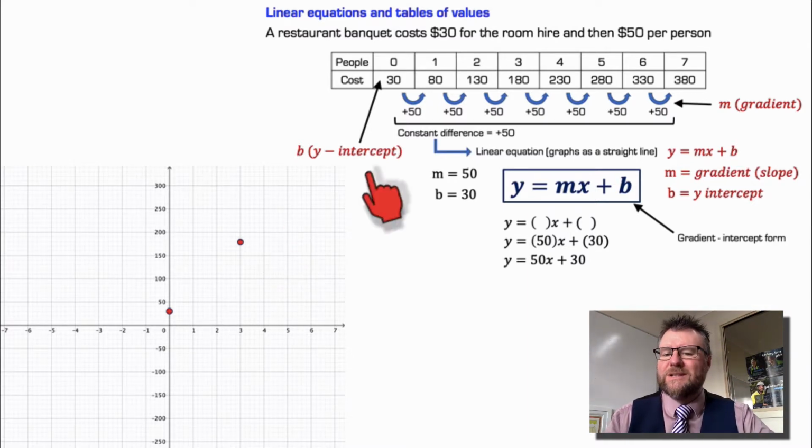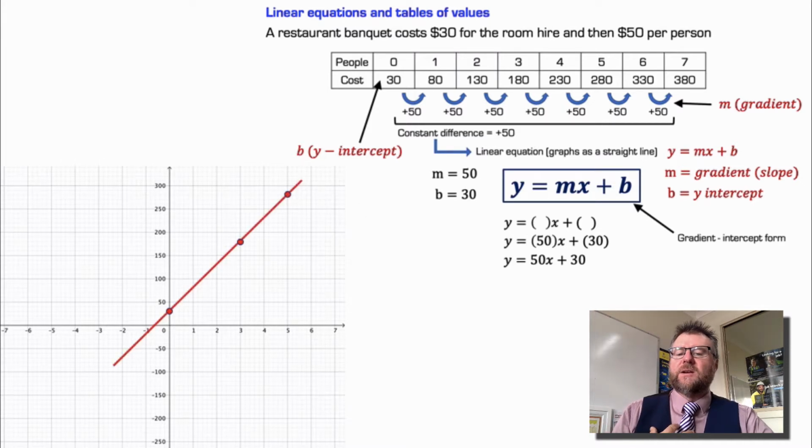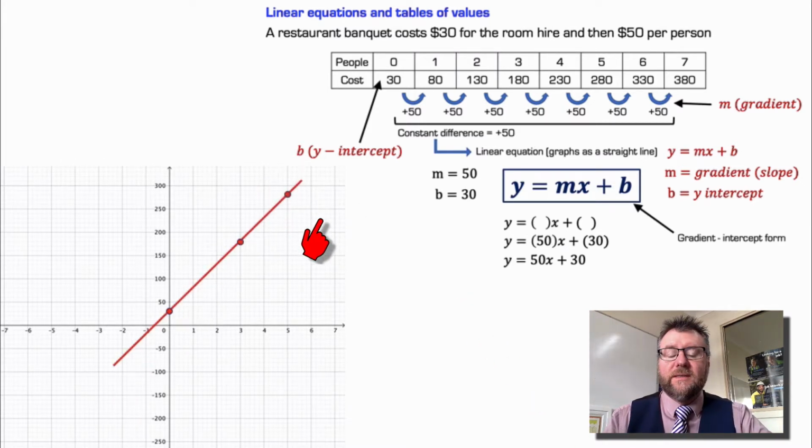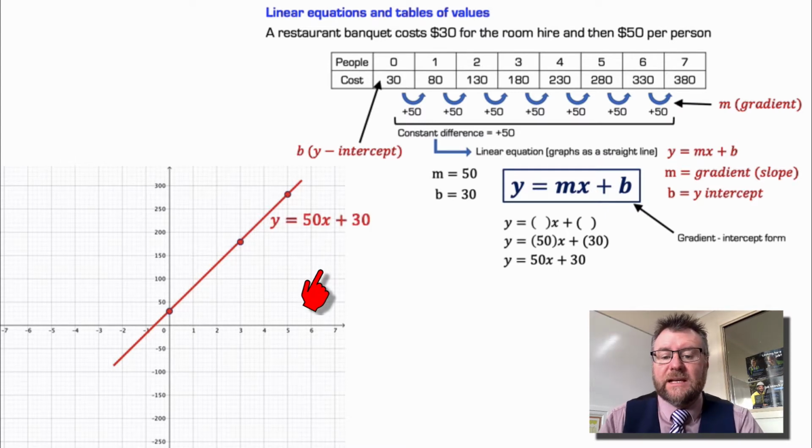I'm going to take a third one just to satisfy myself, to be comfortable that there is in fact a linear relationship here. 5, 280, and I can see I can draw a straight line that goes right through those 3 points. That is the line y equals 50x plus 30. It's the model, the line that represents my banquet problem. I could extend that out and work out other values for different people. It's a linear model that represents my situation.